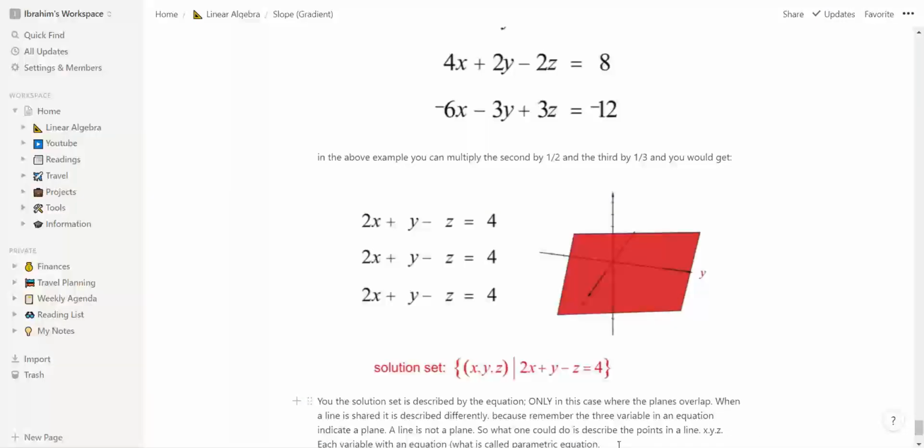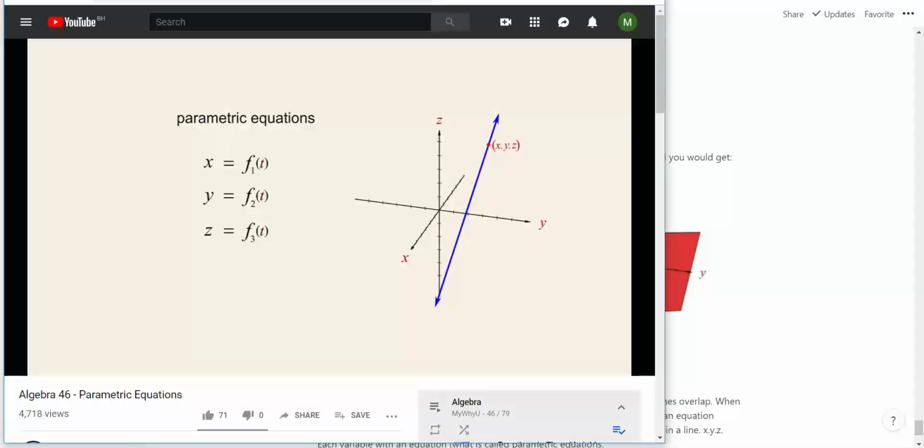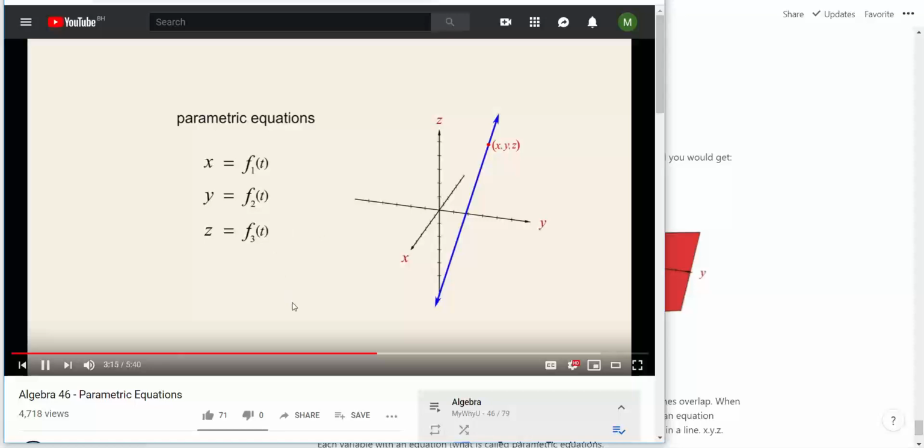In this example, we have chosen the letter t to represent this parameter. For any given value of t, each of the three parametric equations determines a corresponding value for one of the three coordinates.